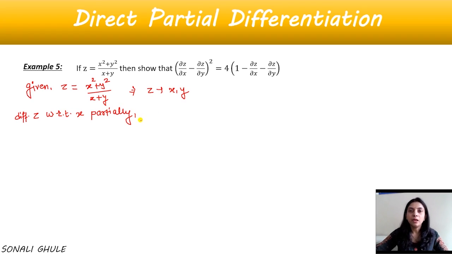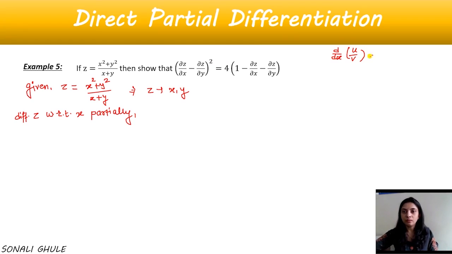Now partially means what? You have to keep y constant when you differentiate z with respect to x. But if you see here, x is present in the numerator as well as in the denominator. So what do we have to do? We have to use the differentiation rule of u upon v.